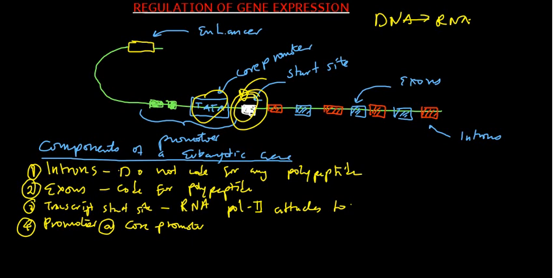All right, so the next thing that we want to talk about is, when we are just talking about the co-promoter, just under the co-promoter, we have an example of another co-promoter, transcription factor 2D.